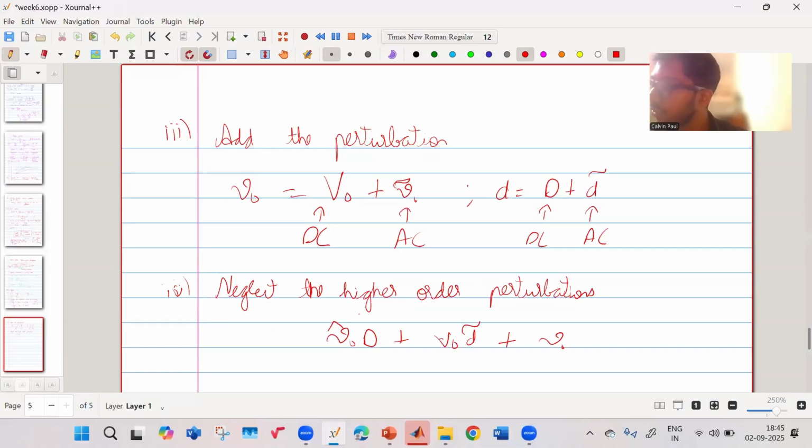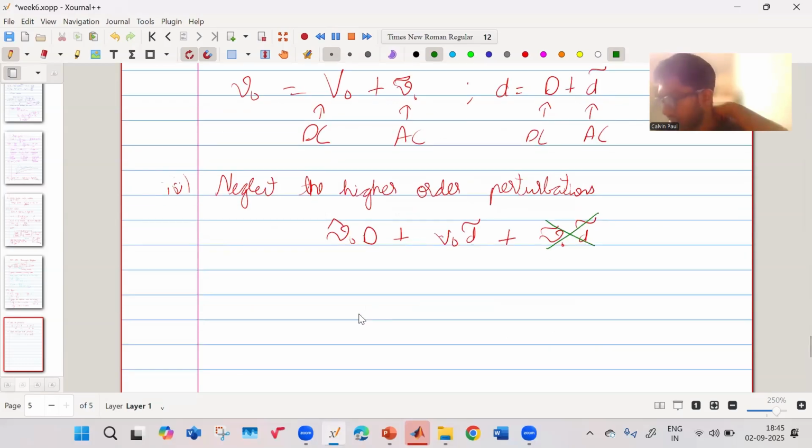But this V output perturbation into D perturbation is not acceptable. This we ignore, because we are considering that the perturbation in duty and the perturbation in the output voltage are quite small. So their products will be much smaller as compared to these values. So we ignore that.